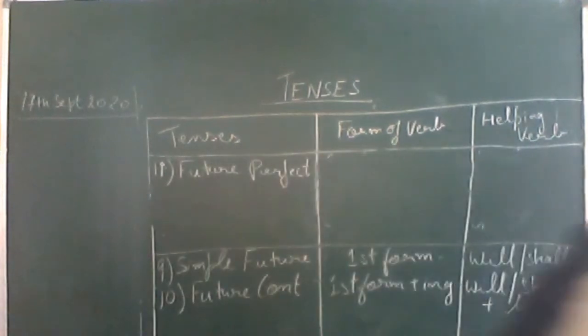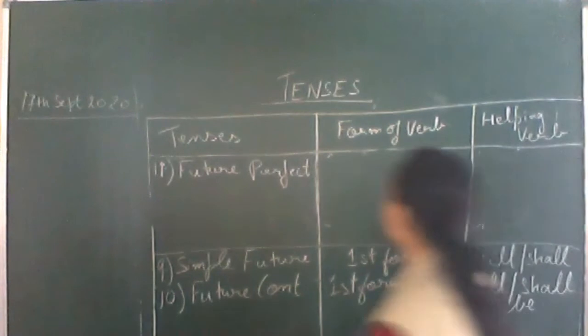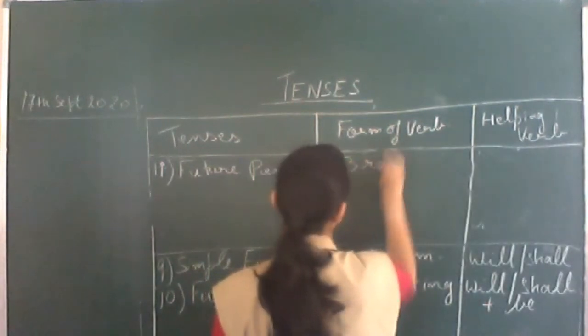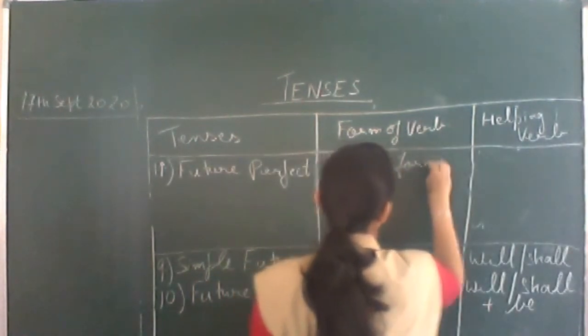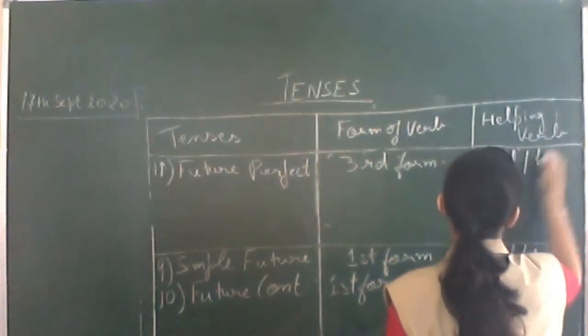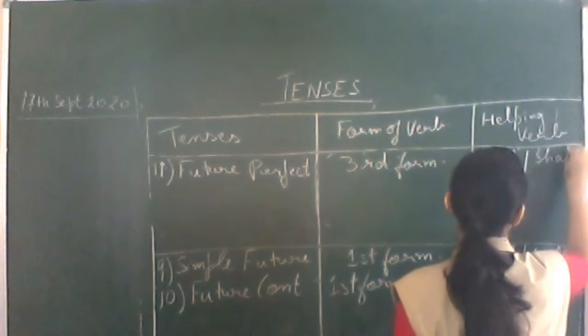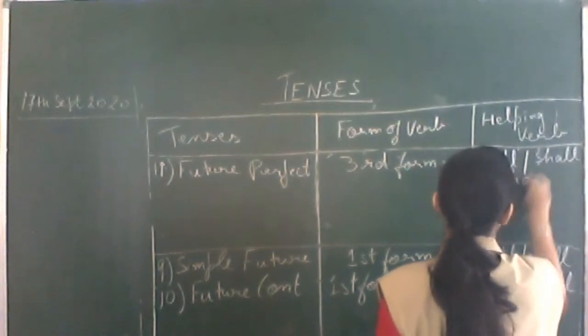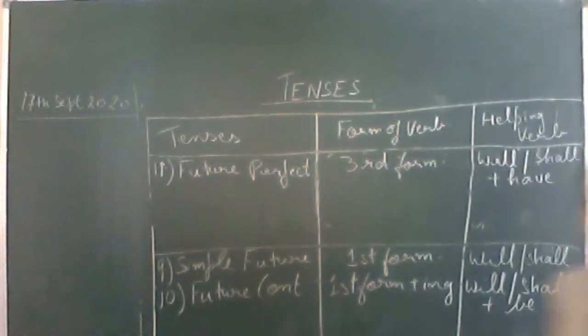In future perfect we use the third form, and the helping verb is will, shall plus have.